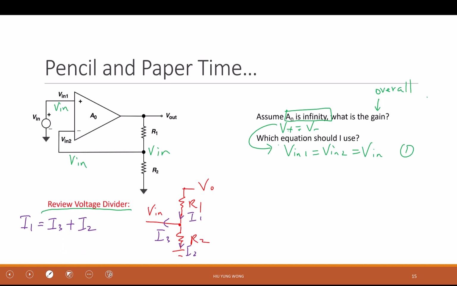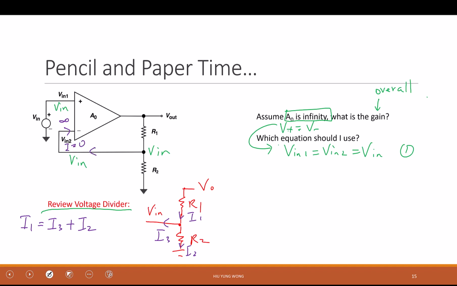What is I3? 0. Why? That's why the definition is very important. Why do we spend so much time saying it is infinite input impedance? Because this is infinite input impedance, the current is going to be 0.